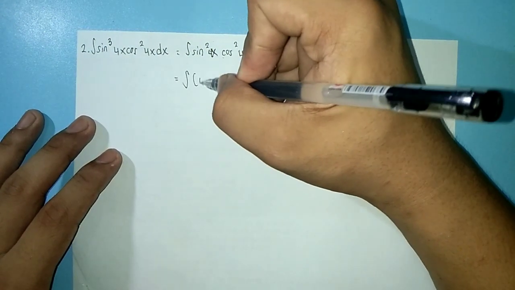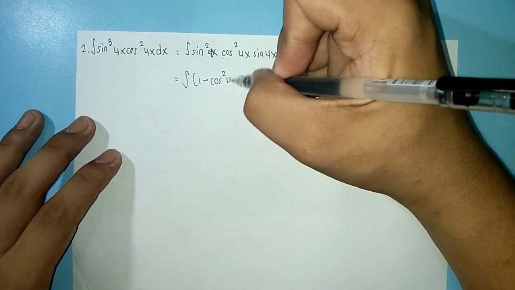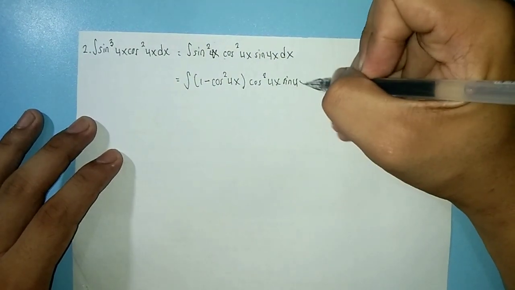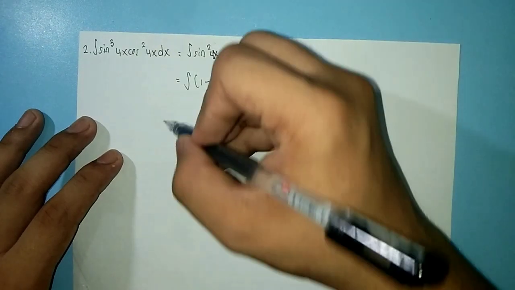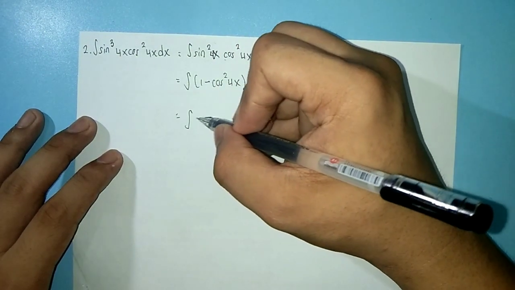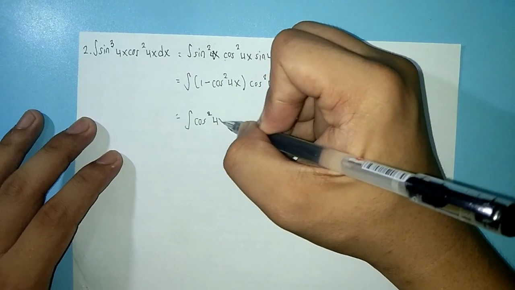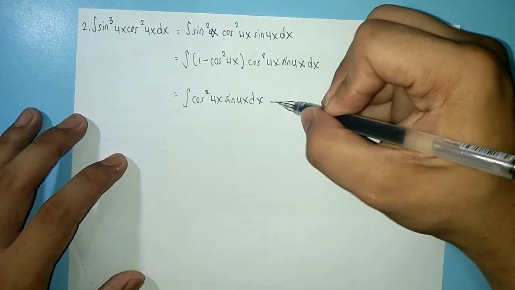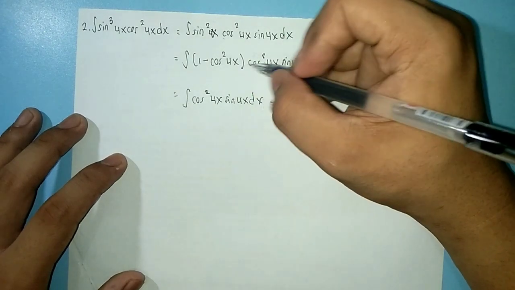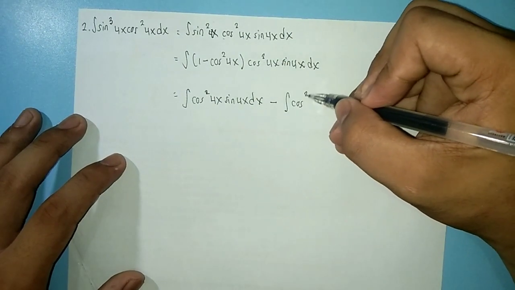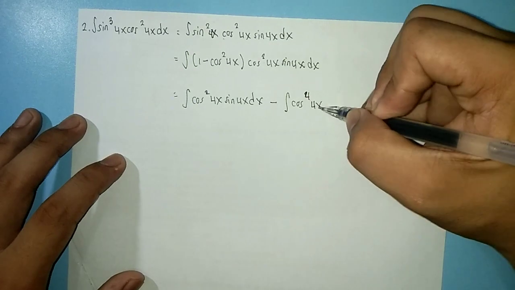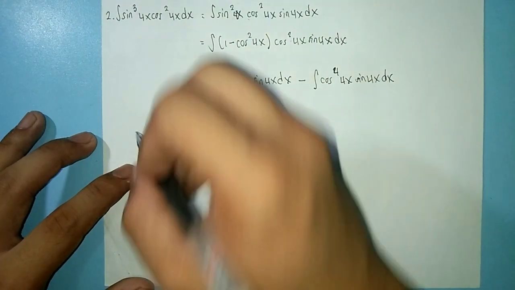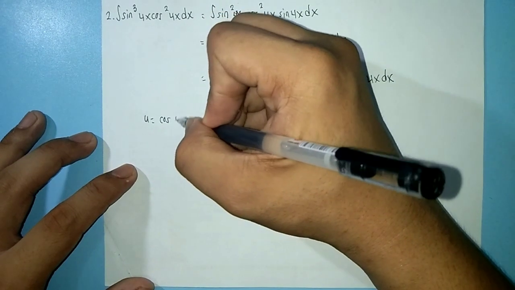So magiging 1 minus square of cosine 4x, square of cosine 4x, sine 4x dx. And then distribute natin. So magiging square of cosine 4x sine 4x dx minus integral of raised to 4 na yan, cosine 4x raised to 4 sine 4x dx. So ang u na natin dito ay yung cosine 4x.